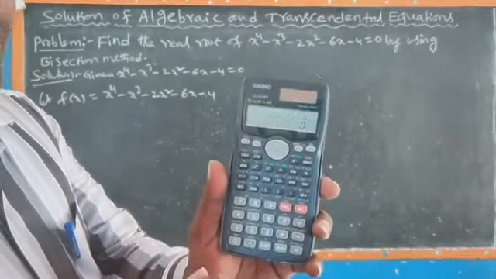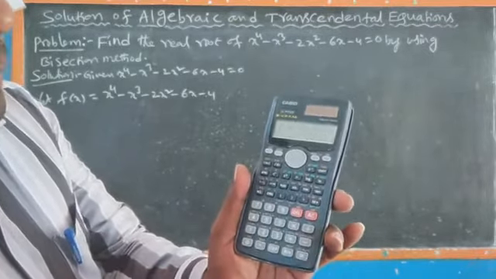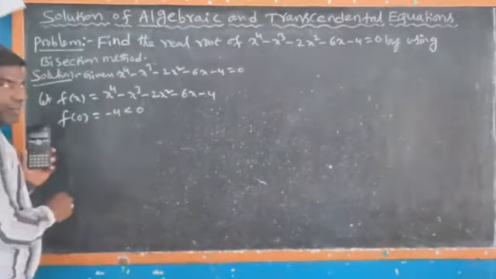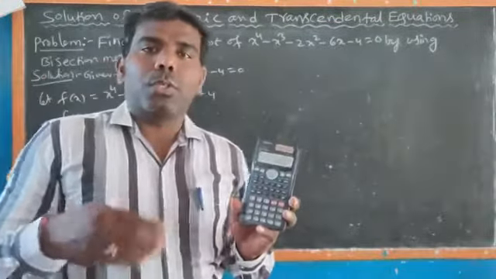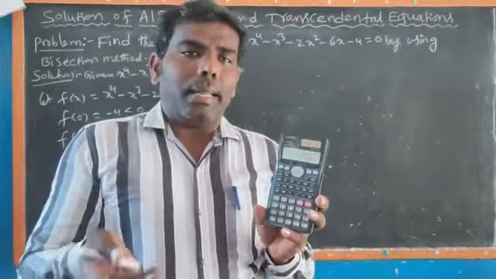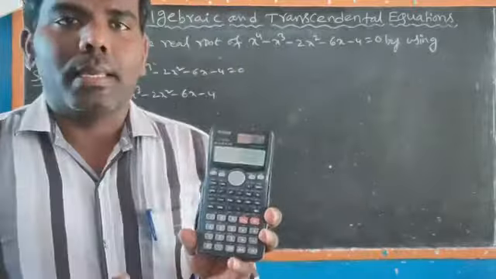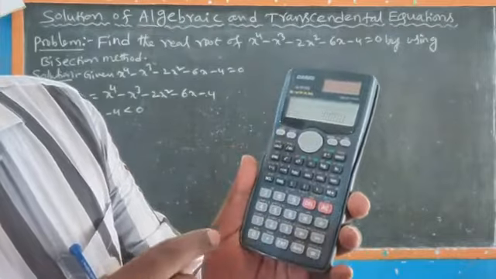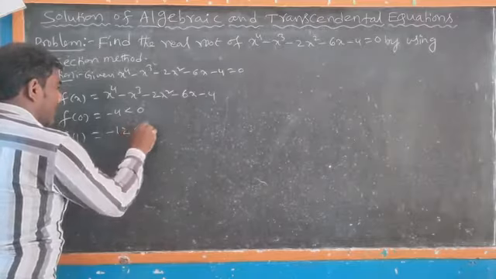Now substitute x equal to 0, then we get minus 4. So f of 0 equals minus 4, less than 0. Next f of 1: substitute x equal to 0, 1, 2, 3, or the negative side, minus 1, minus 2, and see the opposite signs. Now in the calculator x equal to 1 gives minus 12, less than 0.